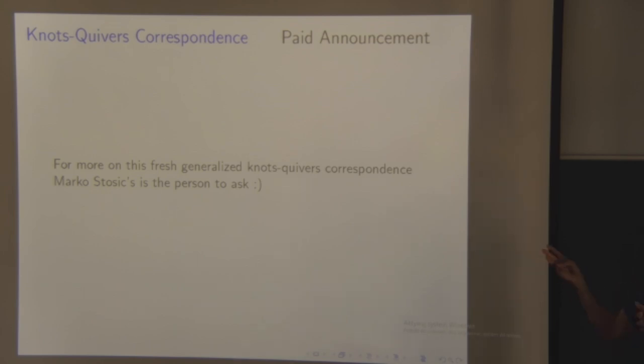So 3 is the minimal for the trefoil, 5 is the minimal for the figure 8, but you can always increase nodes. But apparently for some knots, like the figure 8, you can have 2 quivers which have the same number of nodes but are explicitly different. So it would be like 2 different mixed Chern-Simons levels of these 3D theories, giving you exactly the same supersymmetric index.